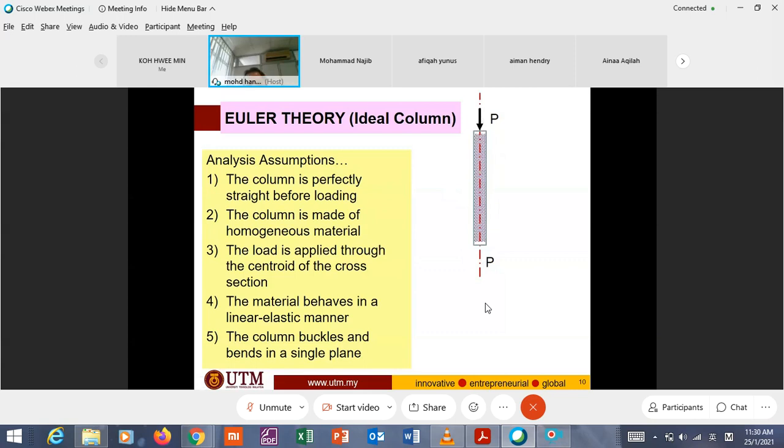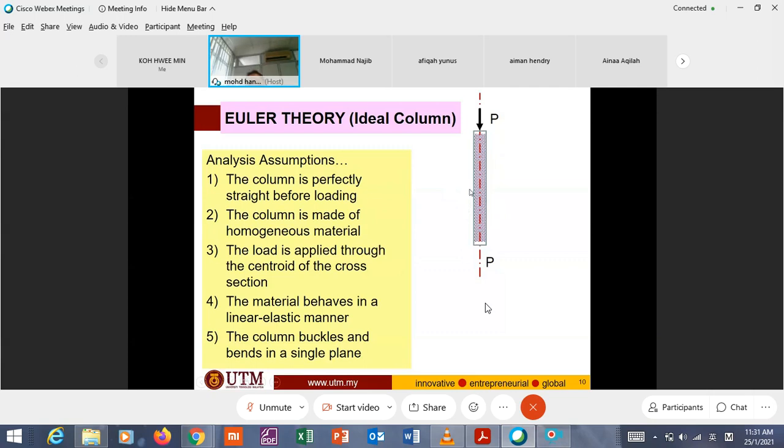What is homogeneous material? Homogeneous material is when you have equal E value, Young's modulus, in all axes, whether in X or in Y, you have the same E value.